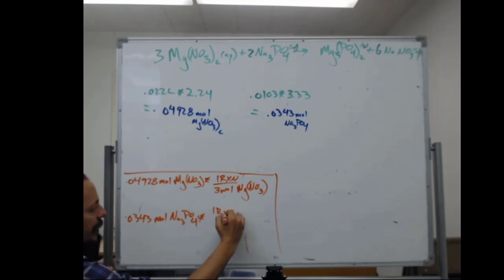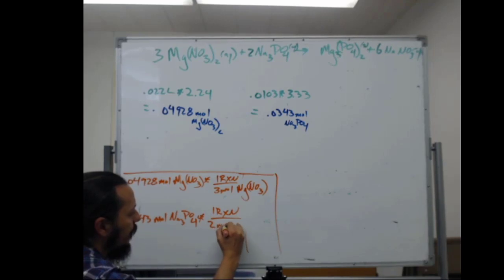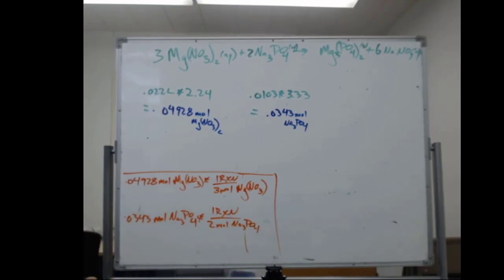Here, 1 reaction needs 2 moles. And whichever one has the fewer number of times we can complete the reaction, that's going to be the thing that limits how many times we complete the reaction.